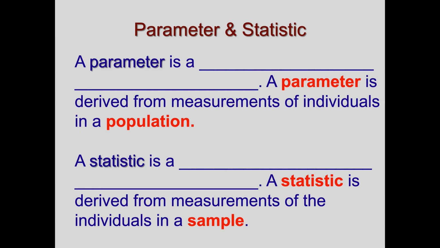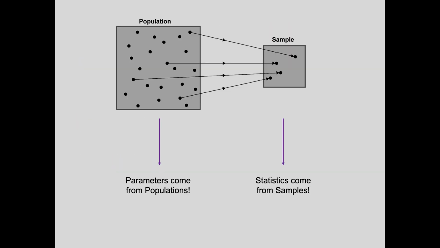So going back to driving the car, if they actually did look at the data of every single person who drove a car in the United States of America, that's not a statistic, that's a parameter. But if they just pull out a sample and then look at the driving habits of the sample and then broaden that to the entire population, that becomes a statistic, okay?